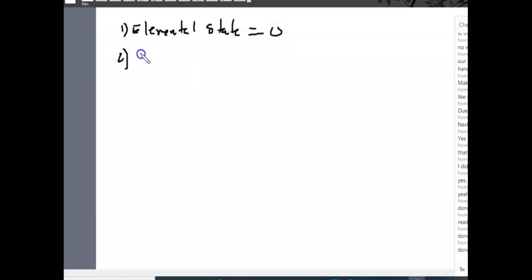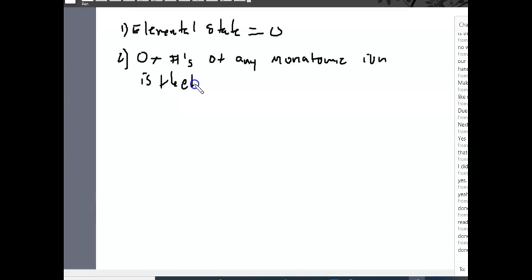Okay, the oxidation numbers of any monatomic ion is the charge we already learned. So, what does this mean?